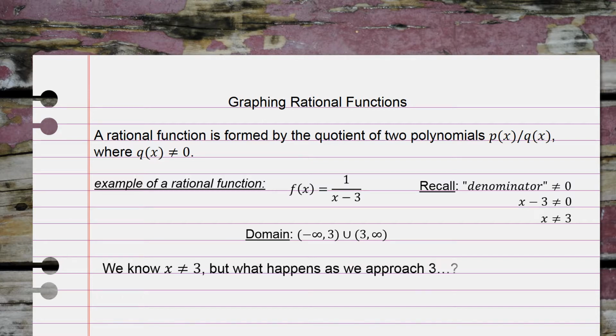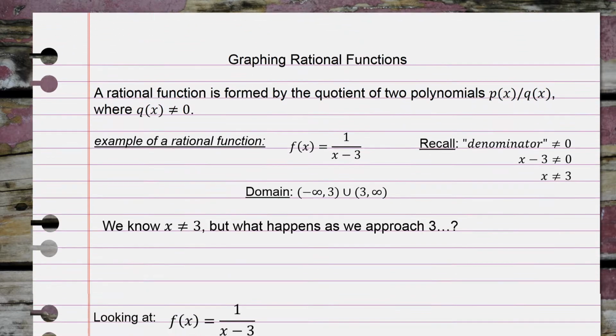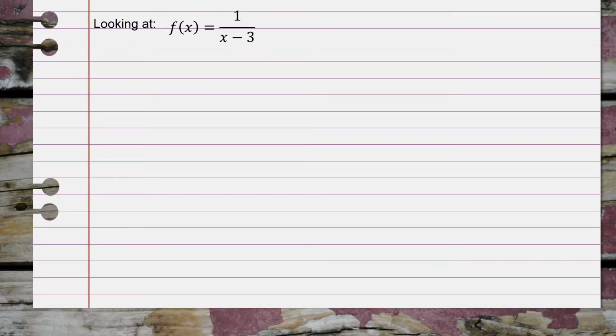Now, we know x cannot equal 3, but what happens as we approach 3? Well, let's look. Still looking at the function f of x equals 1 all over x minus 3. Let's see what happens before 3. So in a t-chart, I'm going to choose some values.